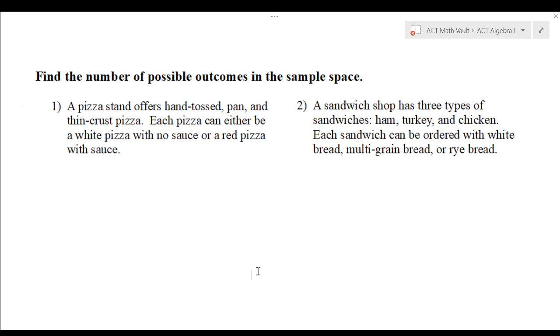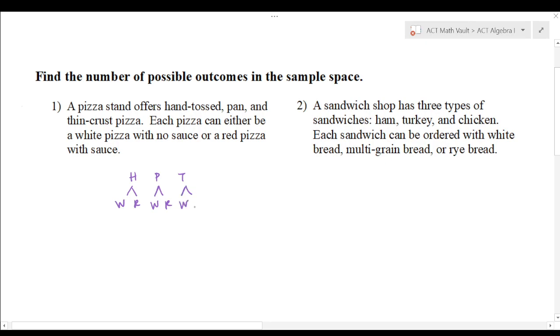So someone who doesn't know a shortcut to this would go, okay, I could go H, P, or T. Then from the H, I could go, and it says either white pizza with no sauce or a red pizza with sauce. So that would be either white or red. From the P, white or red.